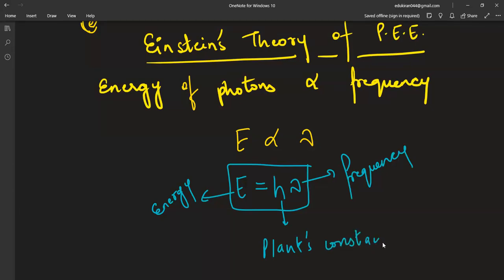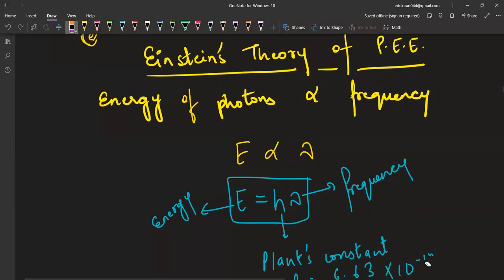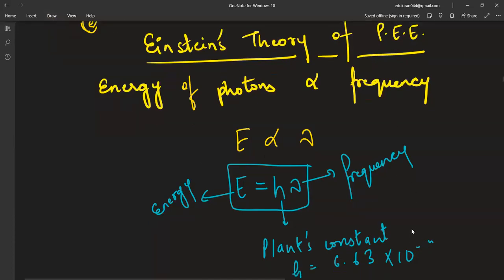The value of Planck's constant is fixed: 6.63 into 10 to the power minus 34. 6.62 is also written, 6.67 is also written, 6.6 is also written. But the accurate value is 6.63 something into 10 to the power minus 34. This is the value of Planck's constant.